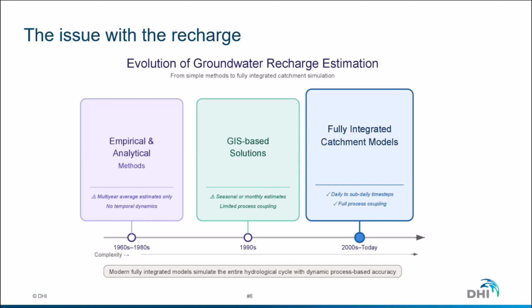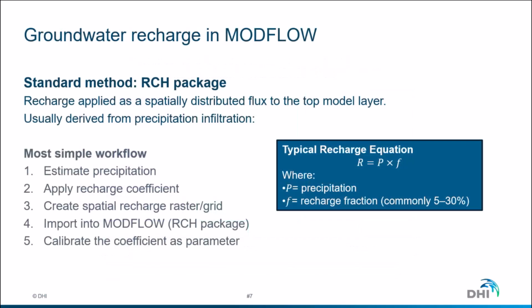They were mainly using conceptual approaches or linear reservoir methods in order to separate the rainfall into direct runoff, interflow, and base flow. And today, since the 2000s, the computational performance allows us to run fully integrated catchment models, for example like Mike SHE. They can run daily to sub-daily time steps, and they incorporate a full process coupling.